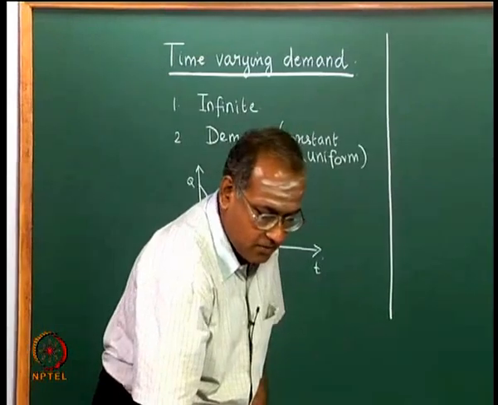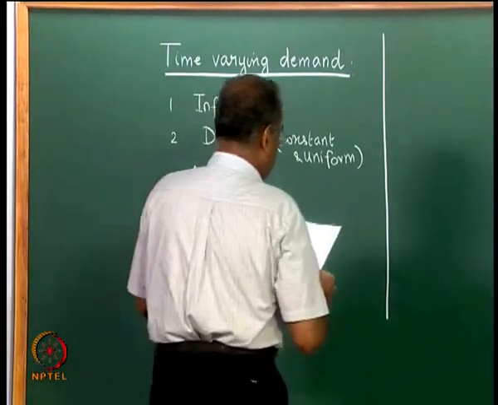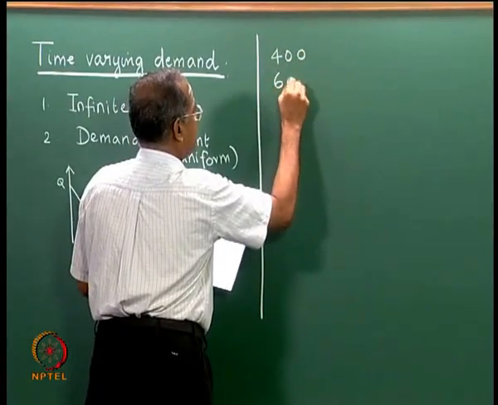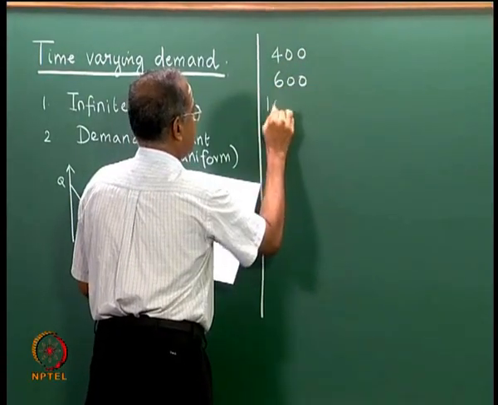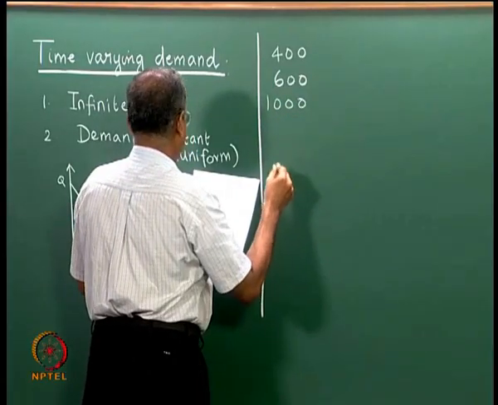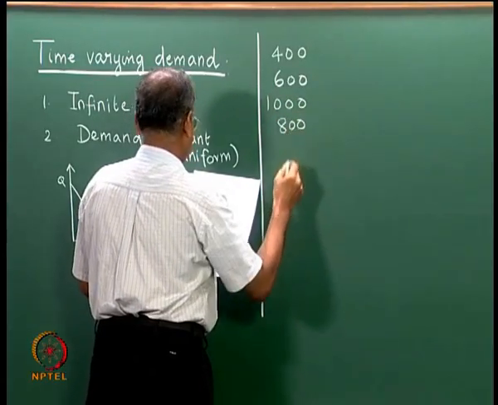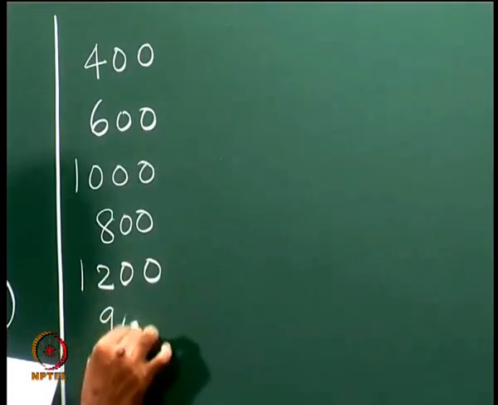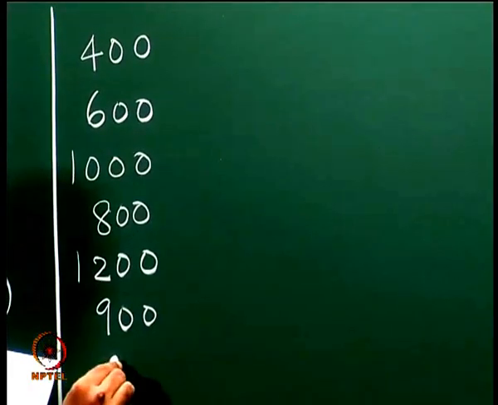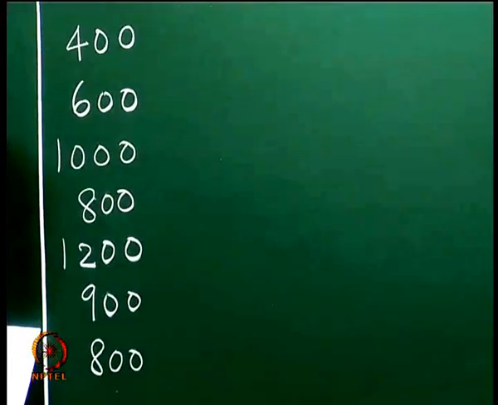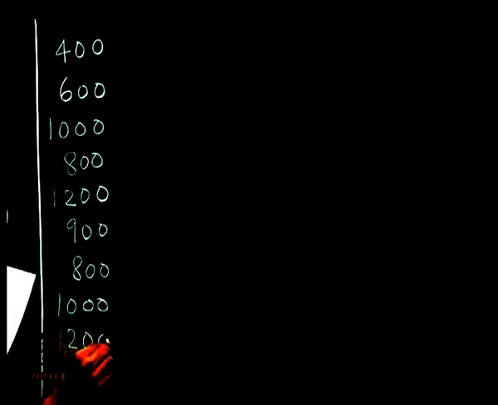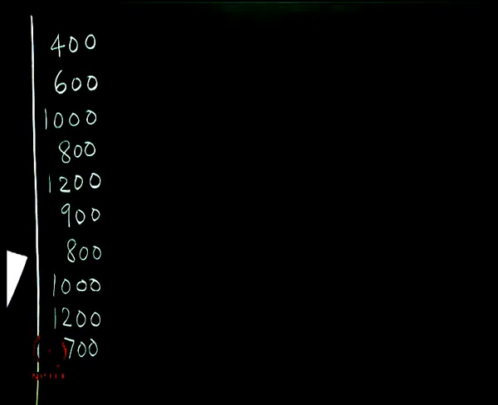We take an example where we assume that we have demand for 12 months and these demands are 400, 600, 1000, 800, 1200, 900, 800, 1000, 1200, 700, 600 and 800.